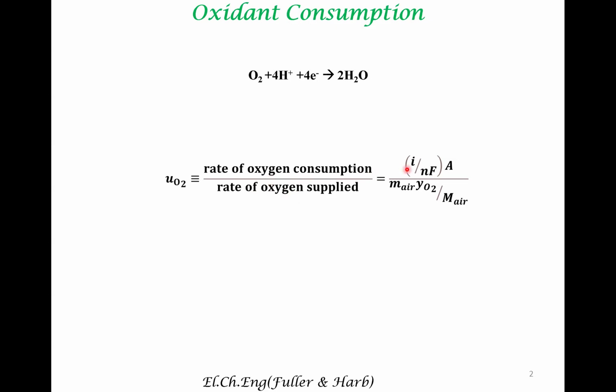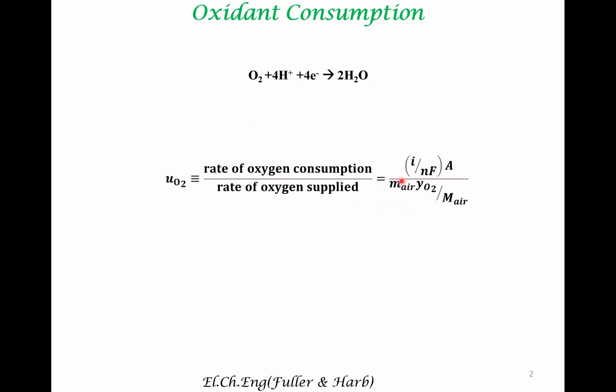Oxygen consumption is current density times area, total active area available in the fuel cell, divided by nF. n is 4 here in this context, because for 1 mole of O2, 4 moles of electrons are consumed to reduce oxygen.